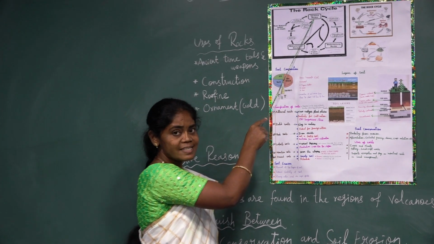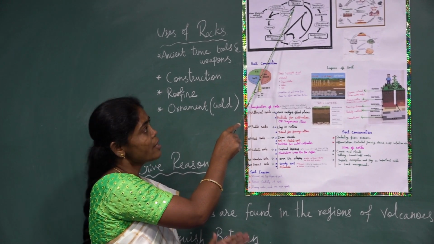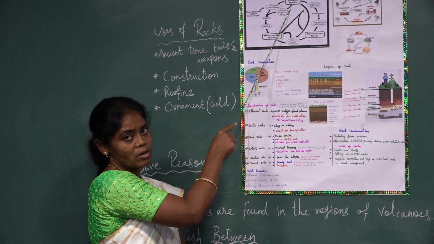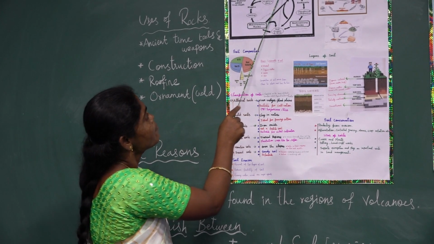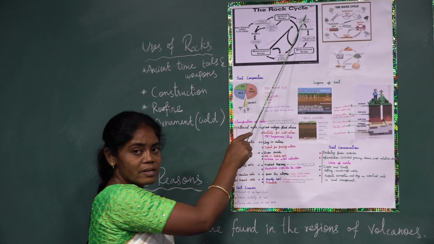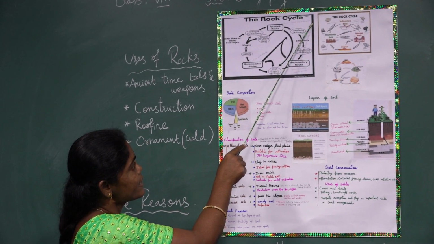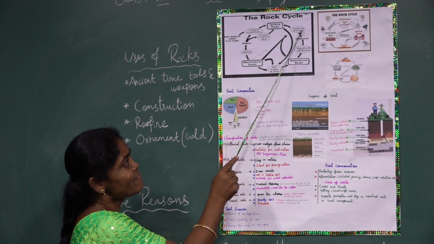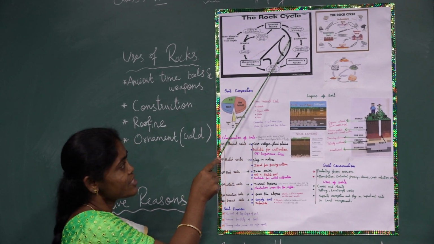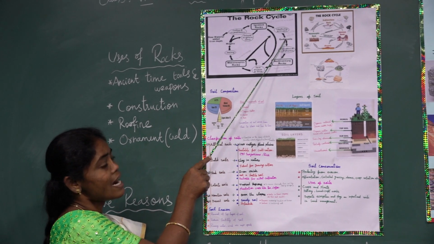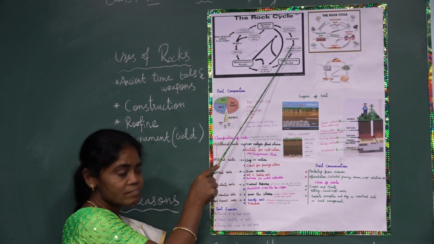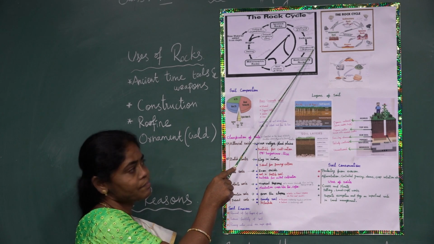Igneous rock is the primary rock and also the parent rock. Primary rocks are formed first on the earth. Due to weathering and erosion, it is transported and deposited as sediments.